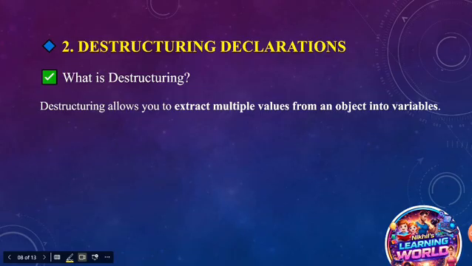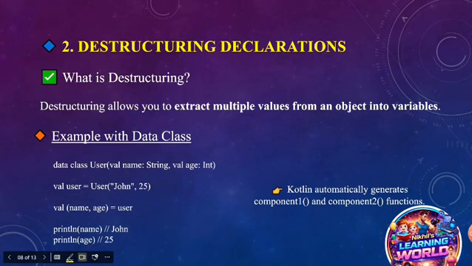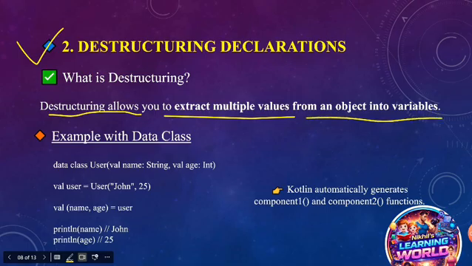Next is destructuring declaration. What is destructuring? Destructuring allows you to extract multiple values from an object into variables. For example, a data class, where we store information like name and age. User is a data class with name and age.